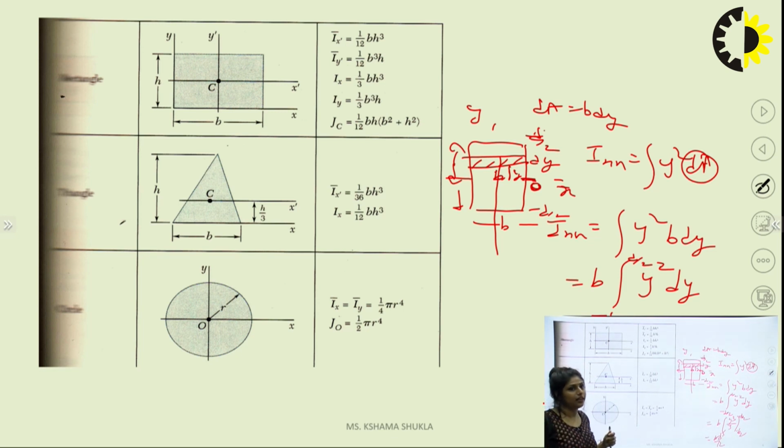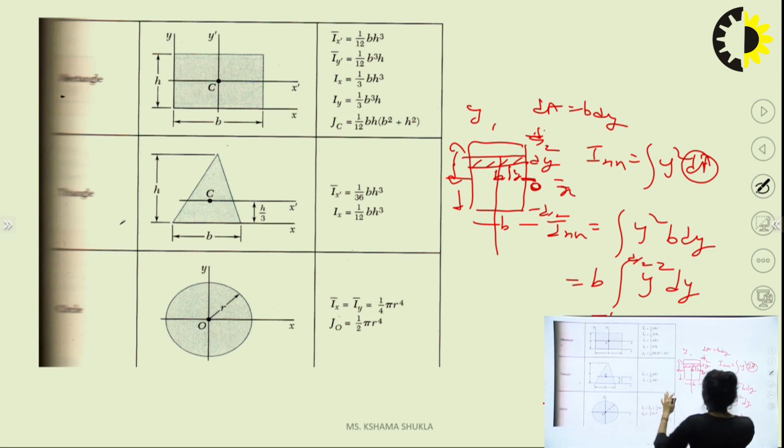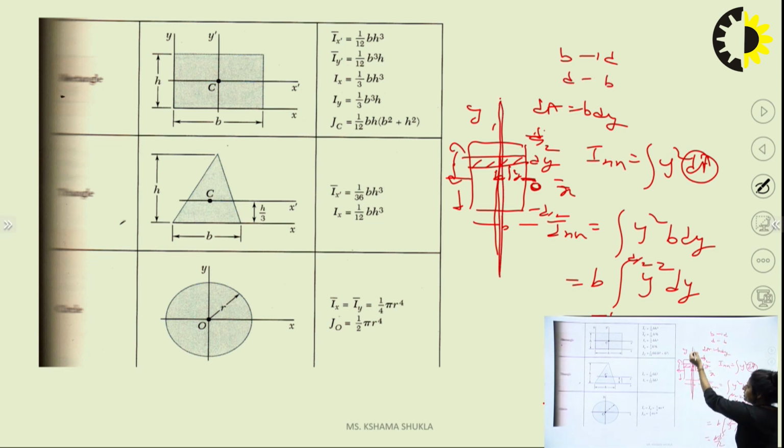So I suggest that you remember these values, like the moment of inertia for rectangular section for x-axis is bd cube by 12. For y, just change the cross-section dimensions, like b converted into d and d converted into b. If this is the reference axis, at that time this is b and this is d.